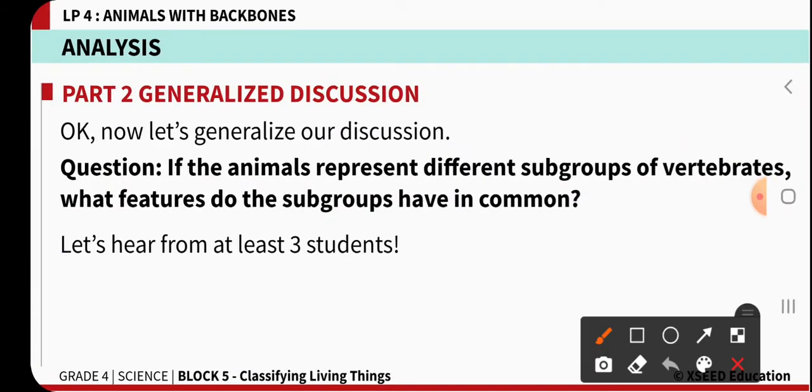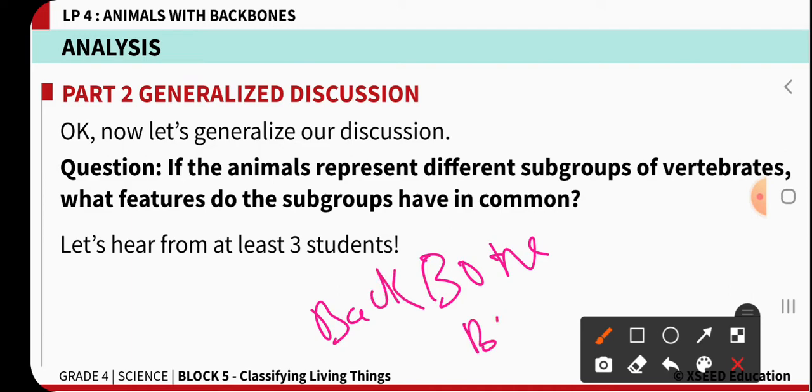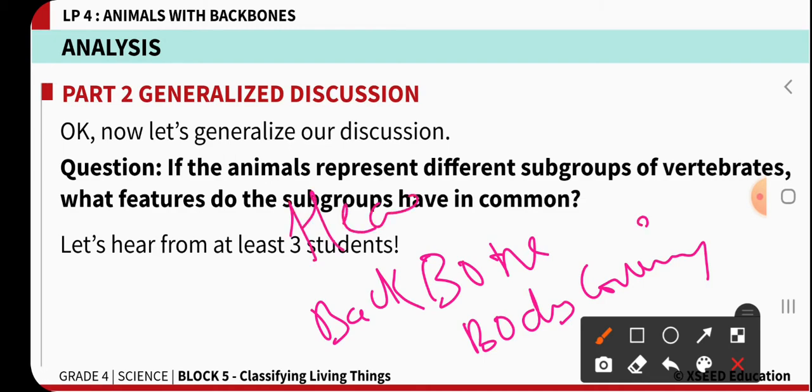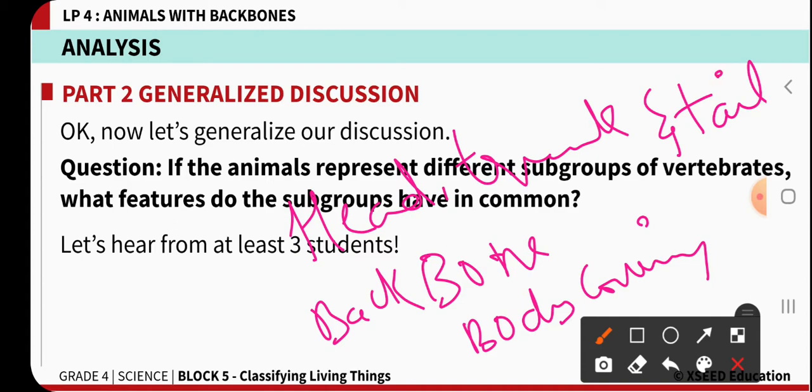So now in all those subgroups, what are the common features? Means the common features are presence of backbone, presence of a body covering, and most of the animals are having 3 parts in their body, that is head, trunk and a tail. These are the common features that we will see.